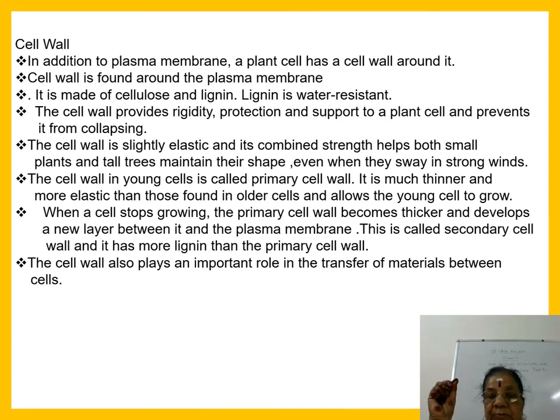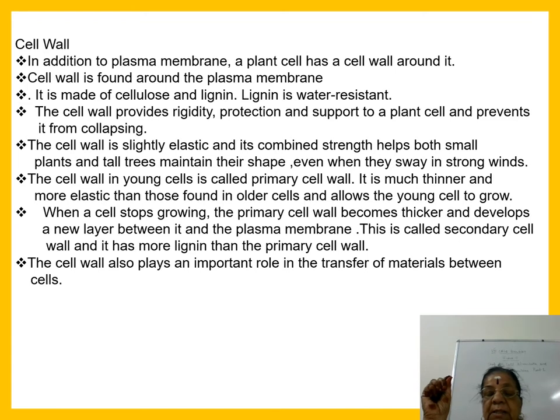When the cell stops growing, the primary cell wall becomes thicker and develops a new layer between it and the plasma membrane. This is called the secondary cell wall, and it has more lignin than the primary cell wall.